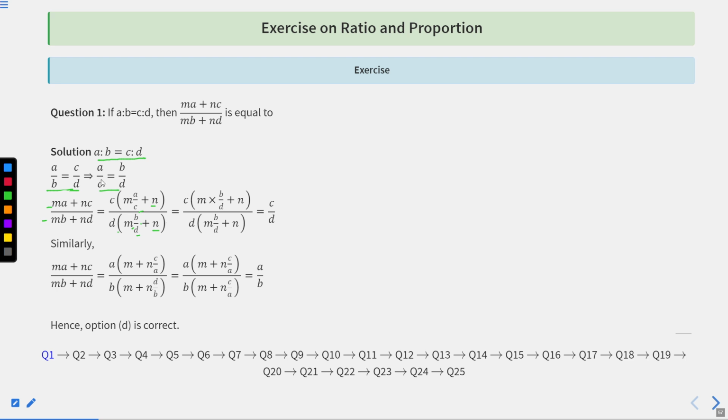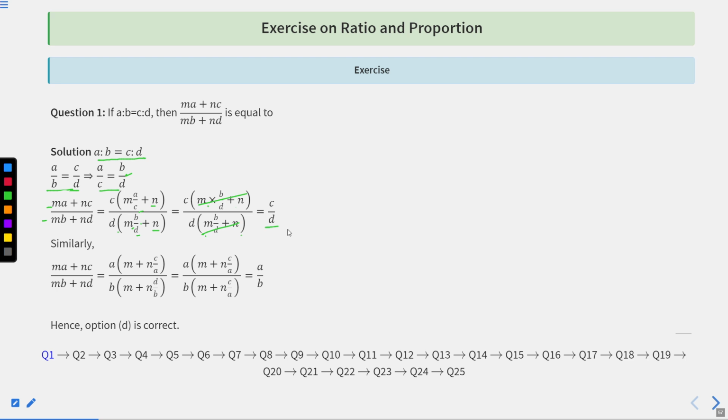And now observe that you have A upon C equal to B upon D. So if you substitute the value of A upon C, you will have C upon D times of (M into B upon D plus N) and upon (M into B upon D plus N). And if you see, these two things are same, so this and this get cancelled. You will have C upon D.